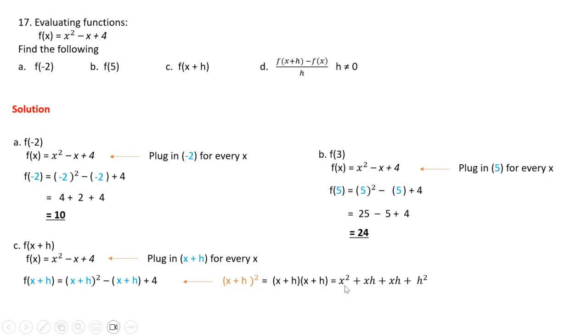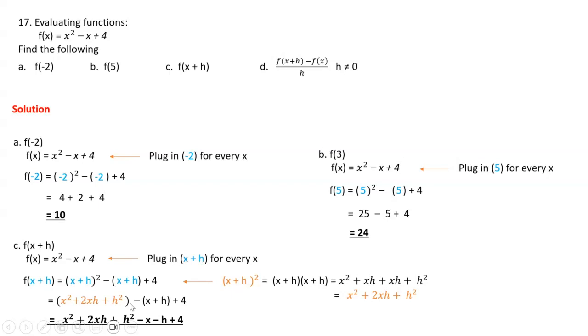Here, guys, we apply the FOIL method, so we get x squared plus xh plus xh plus h squared. To simplify, it gives us x squared plus 2xh plus h squared. So for the x plus h squared, here's my result, and I also color-coded it so you can see where it came from. Minus the x plus h, plus 4.